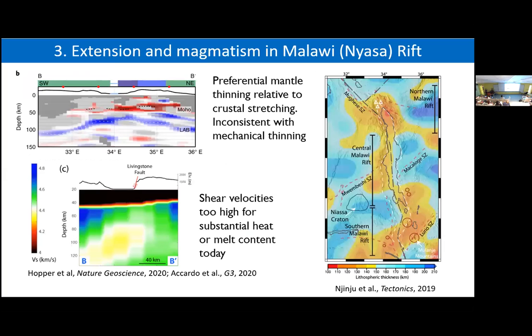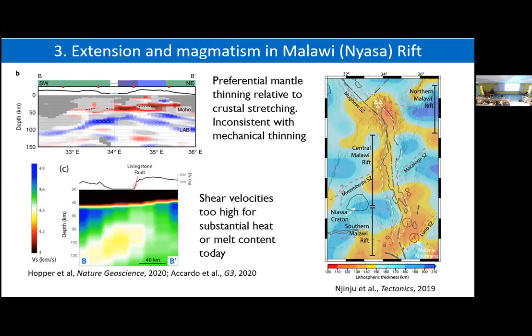One of the things that we observe from scattered wave imaging in the upper left-hand panel is that the blue is showing us the base of the lithosphere, and the red is the crust. And we have much more dramatic thinning of the lithosphere than of the crust here. That's something that's frequently observed in really magmatic rifts, where we can imagine you have a lot of thermochemical erosion, but has not been observed as much, at least to my knowledge, in less magmatic systems.